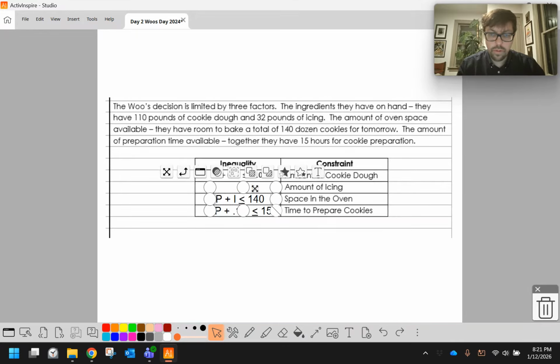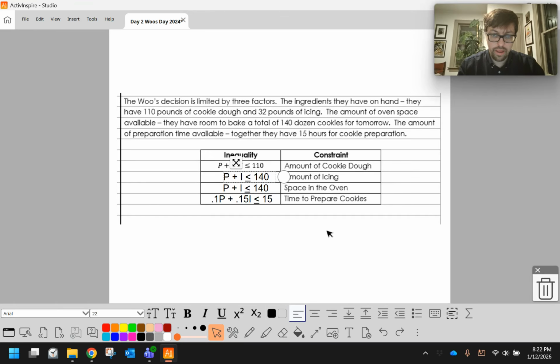Finally, we need to make one more equation for icing. The iced cookies are the only ones that get iced. Our plain cookies don't get any icing on them. So this last equation is just going to have i on there, so we can get rid of this p. And we've got 32 pounds of icing. So whatever we do with the iced cookies, we have to stay under 32 pounds.